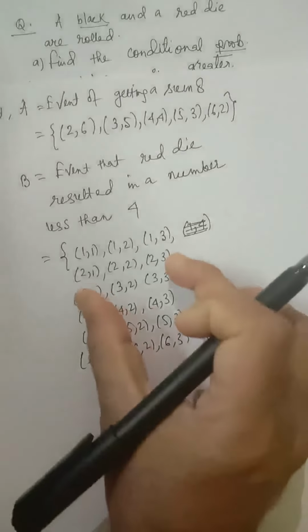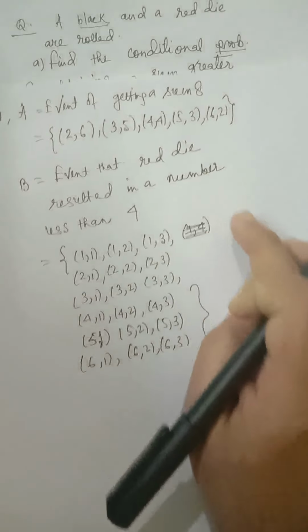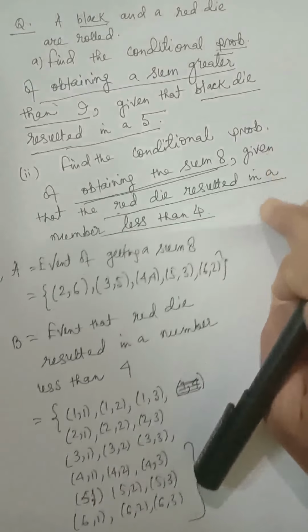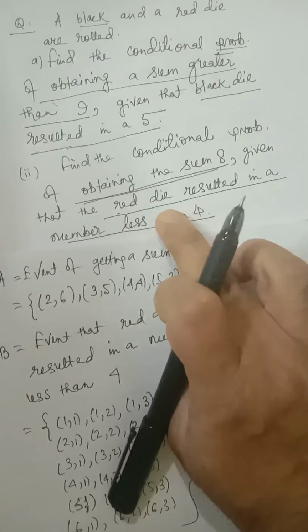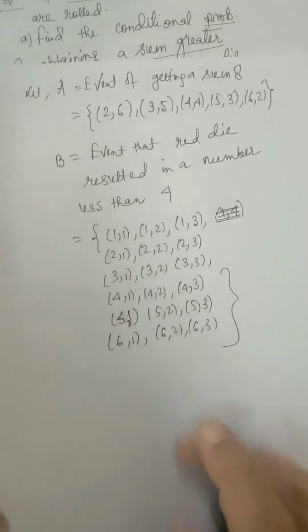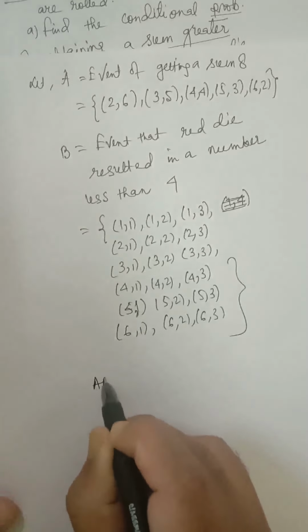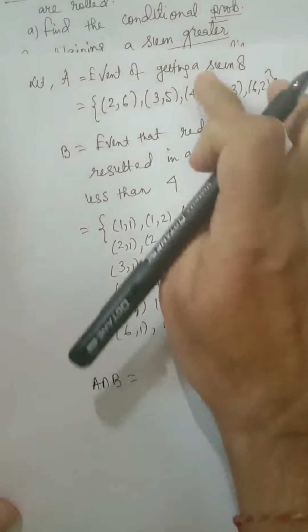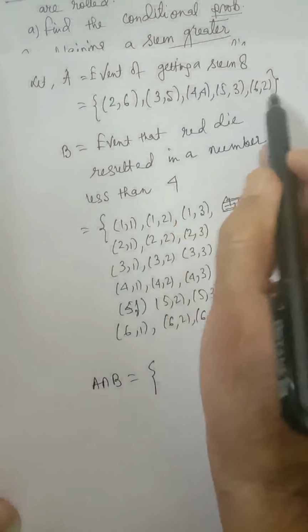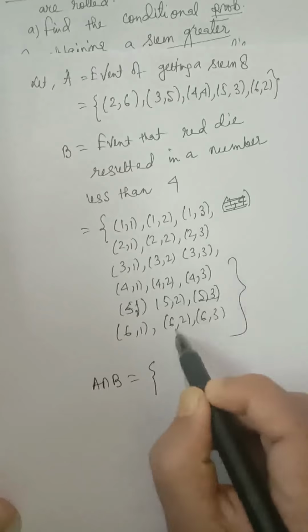So in total we have 18 cases, and A intersection B, the common of these two, will be (5, 3) and (6, 2).